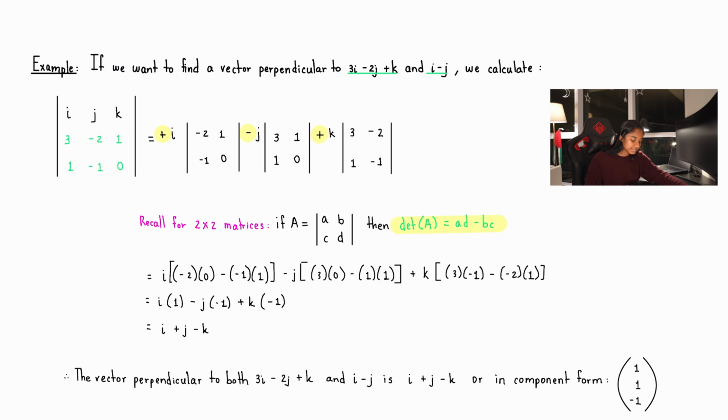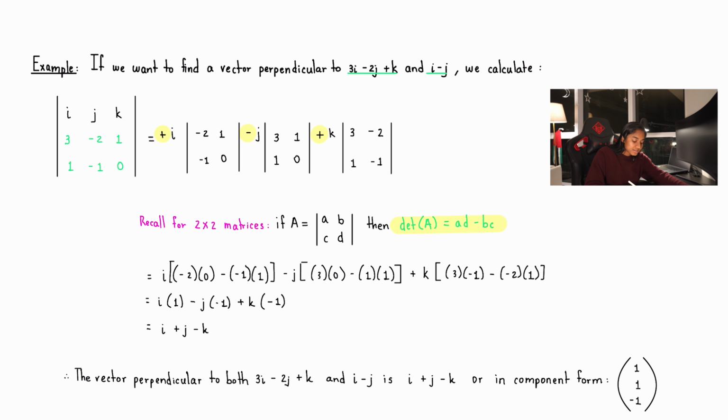If we want to find a vector perpendicular to 3i minus 2j plus k and i minus j, we calculate. So let's see. We're plugging in i, j, and k first. The second thing we're going to do is plug in the first vector.